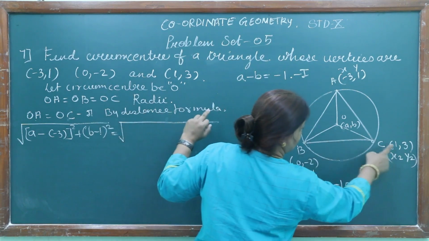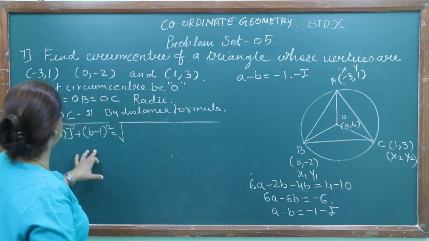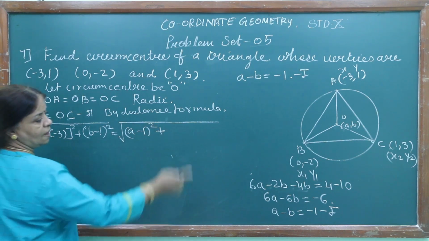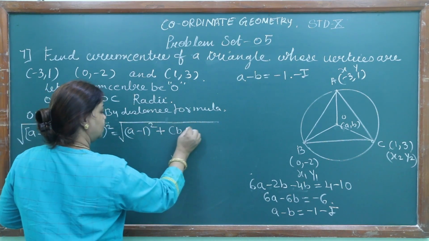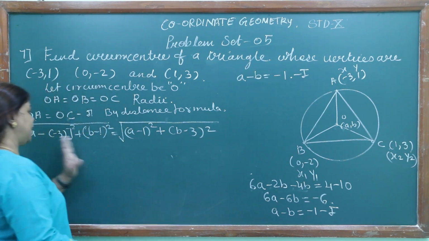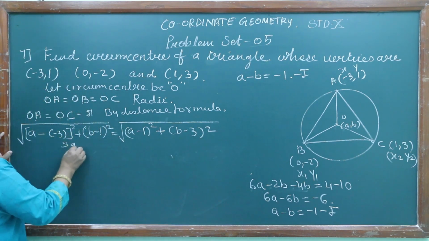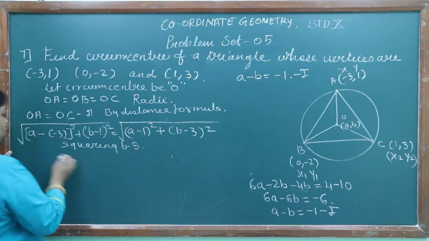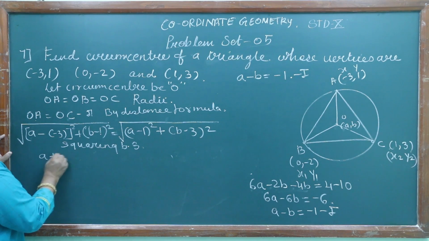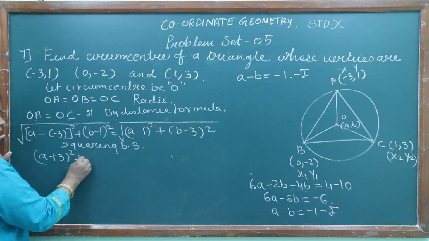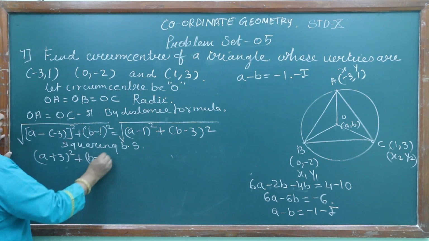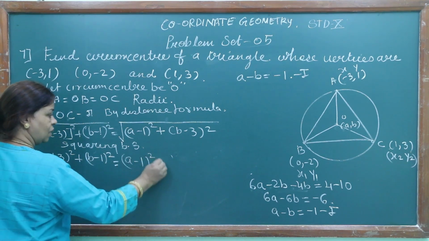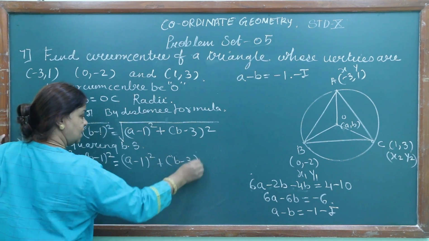OC is a minus 1 the whole square, so that would be a minus 1 the whole square plus b minus 3 the whole square. Now squaring both sides as we did before, what will we get? a plus 3 the whole square plus b minus 1 the whole square is equal to a minus 1 the whole square plus b minus 3 the whole square.